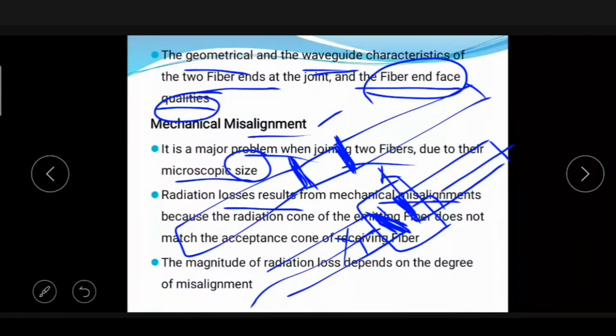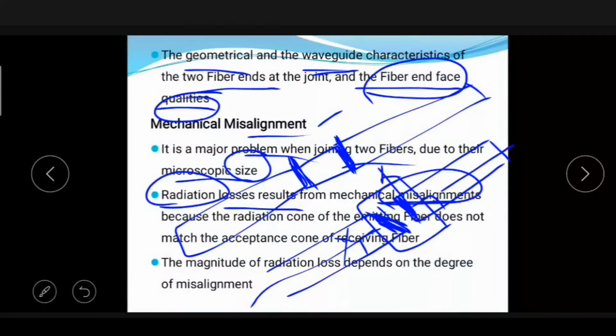Radiation loss normally occurs whenever the fiber end faces are not properly prepared, not smooth, or not perpendicular to the core axis. If such things happen, then radiation loss exists due to such misalignment.